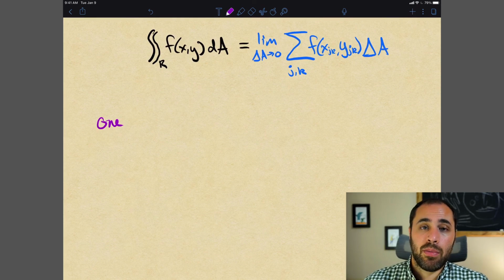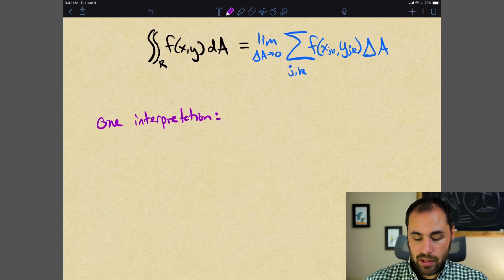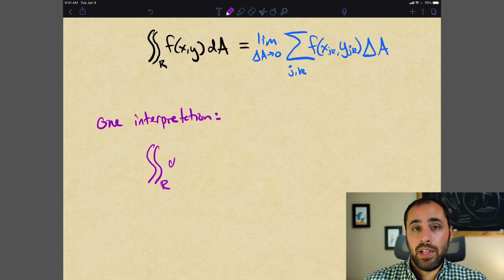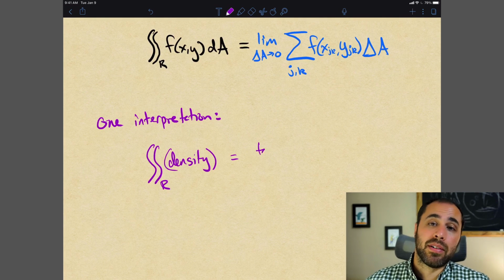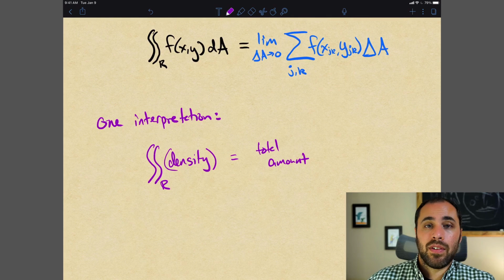And then the interpretation we're building here is kind of like that accumulation theorem, the fundamental theorem of calculus, saying that if we were to integrate a density over a region, the output should be a mass or a total amount. So in the next video, we'll see how we can think about these ideas graphically.